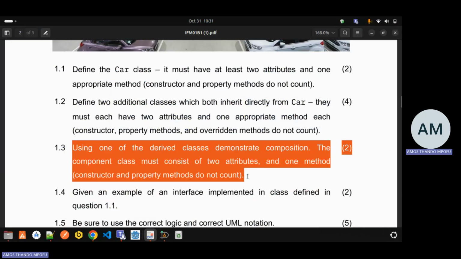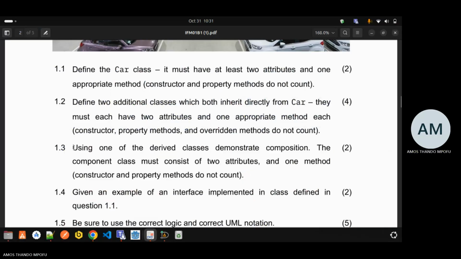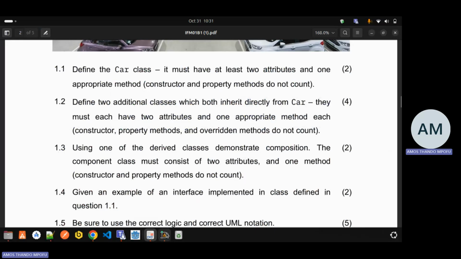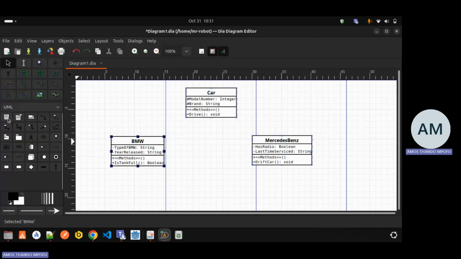So to demonstrate, okay, this is okay. I just thought of a simpler way to come up with that. So now we need to come up with a class that demonstrates composition, right? The class that demonstrates composition, I'm gonna put it this side, and then for the interface, I'm gonna put it this side.